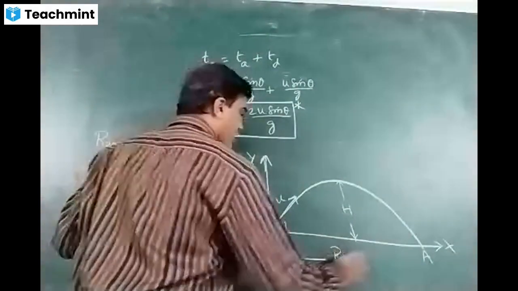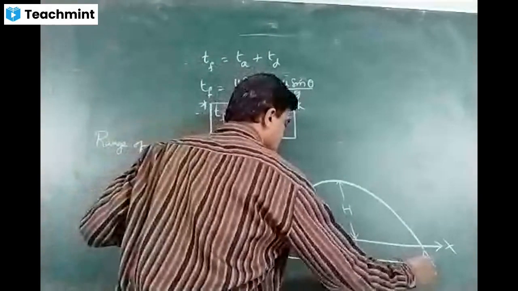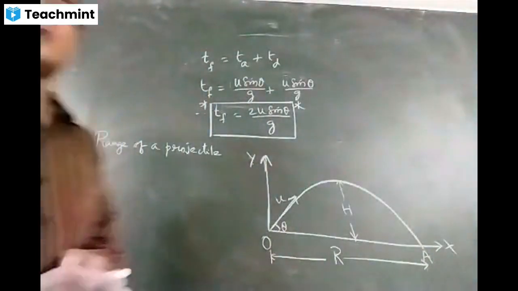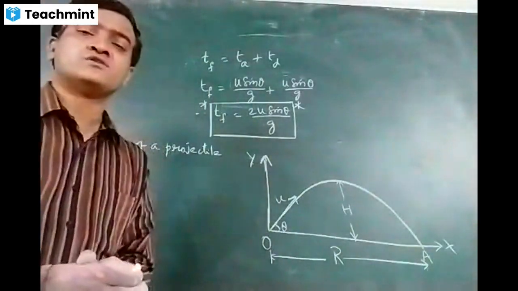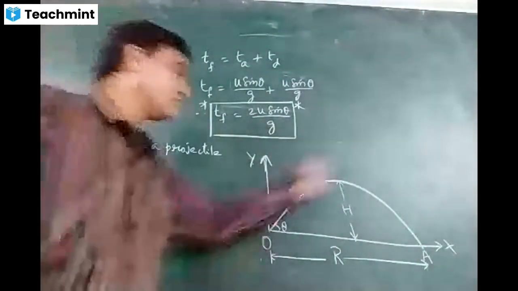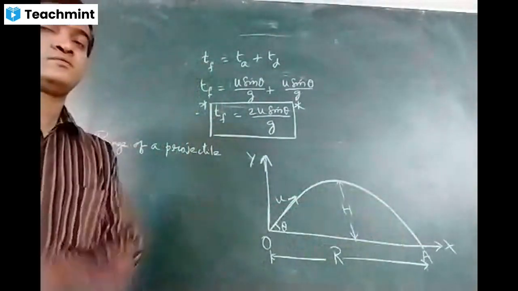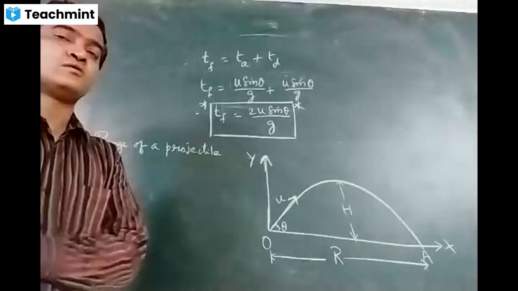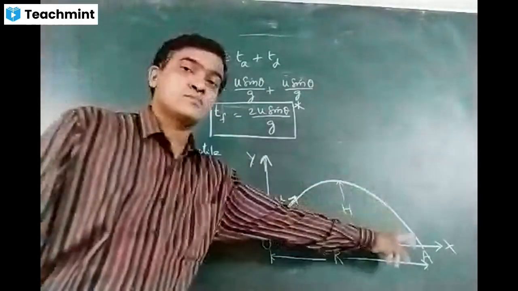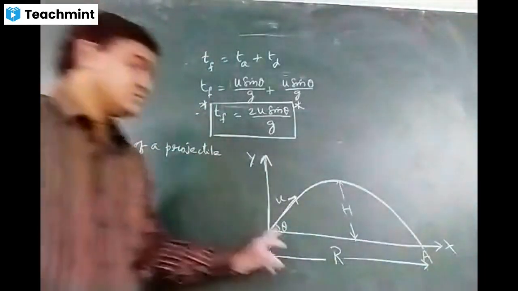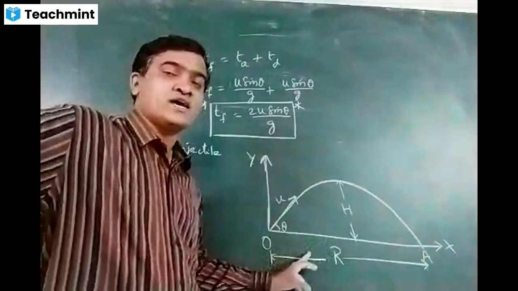This OA is the horizontal distance. This horizontal distance is traveled by a projectile during which time? What is this time called? Total time. Time of flight, sir. Time of flight. So let me define range.